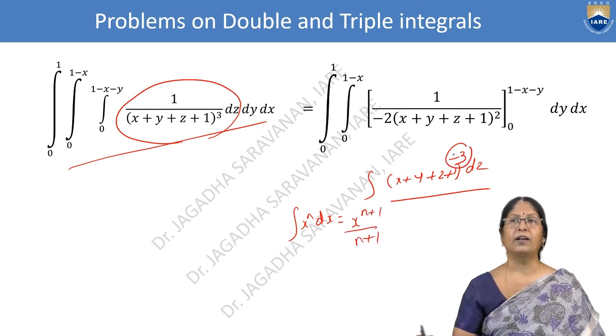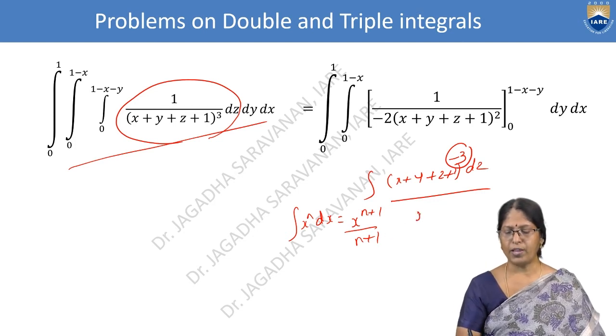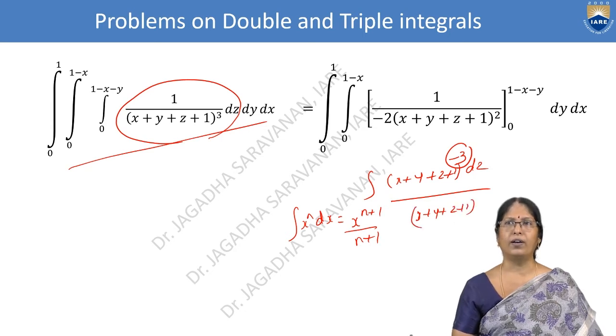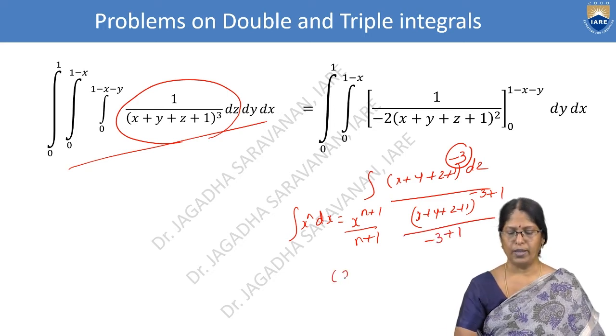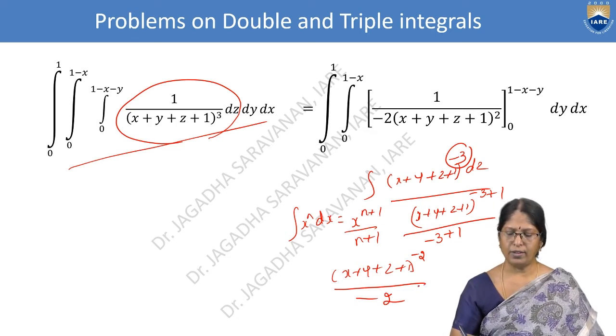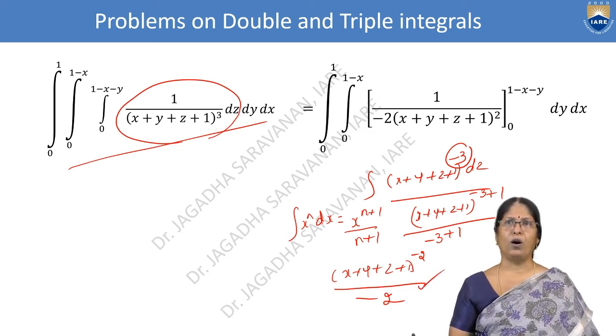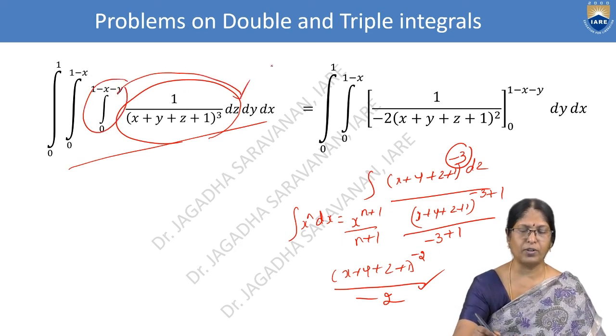Our n is minus 3, so we get (x + y + z + 1) to the power minus 3 plus 1, by minus 3 plus 1, which is (x + y + z + 1) power minus 2 by minus 2. This is the answer we got for the innermost integration with respect to z.